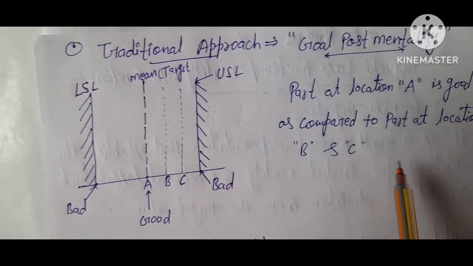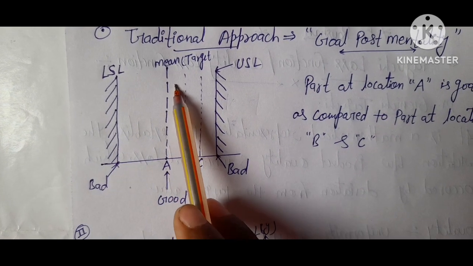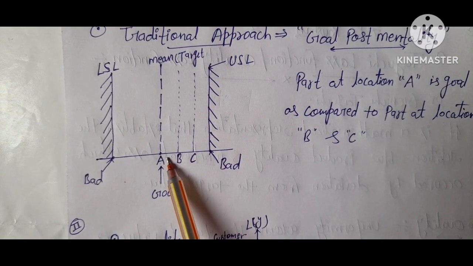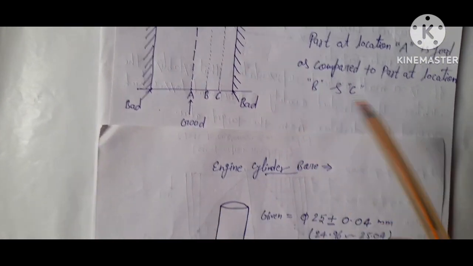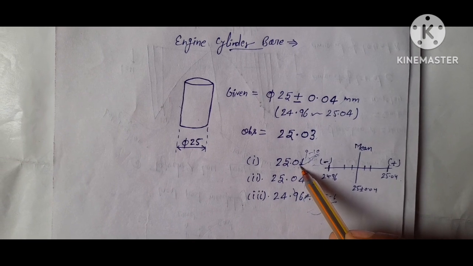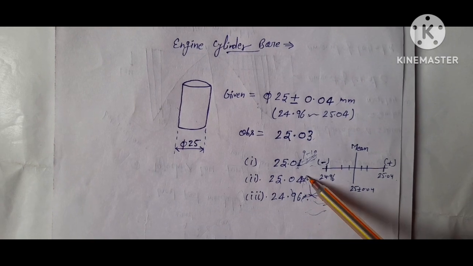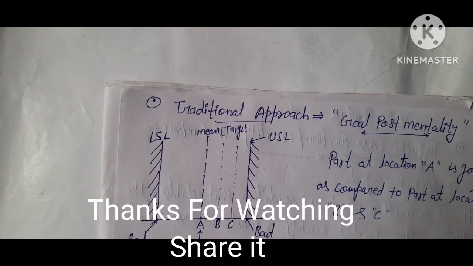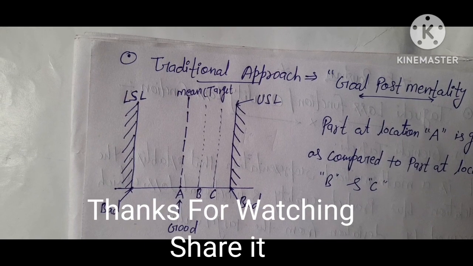At location A the part is very good because it has the mean value, and B and C, as compared to A, have some losses. The same applies here: 25.01 is very fine compared to 25.04 or 24.96. So this is the first video on this topic, Taguchi loss functions or quality loss functions. Now see the second video also.